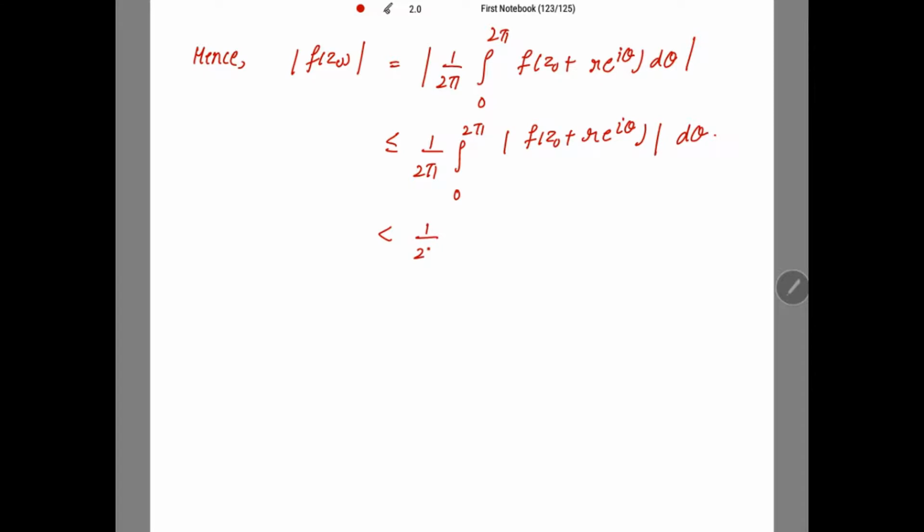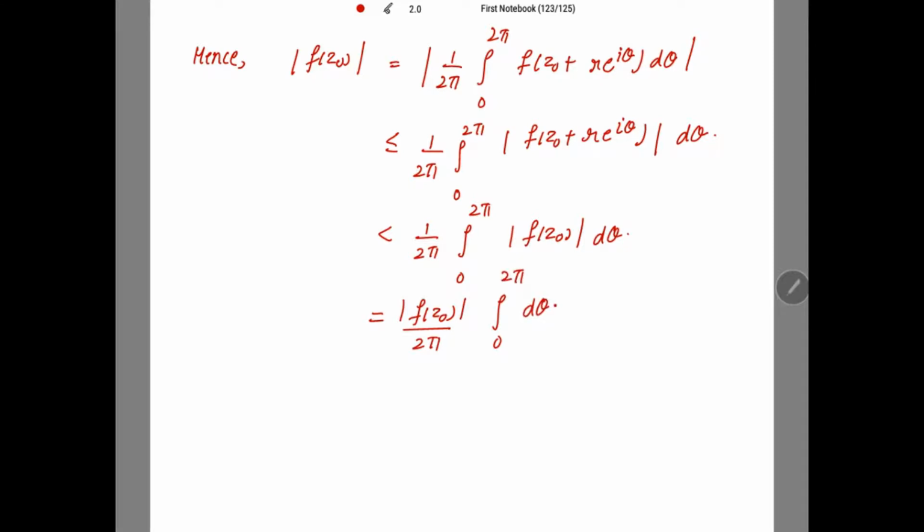So this is 1 over 2 pi integral from 0 to 2 pi, strictly less than mod of f z0 d theta. Taking mod of f of z0 outside, this is equal to mod f of z0 over 2 pi times the integral of d theta.